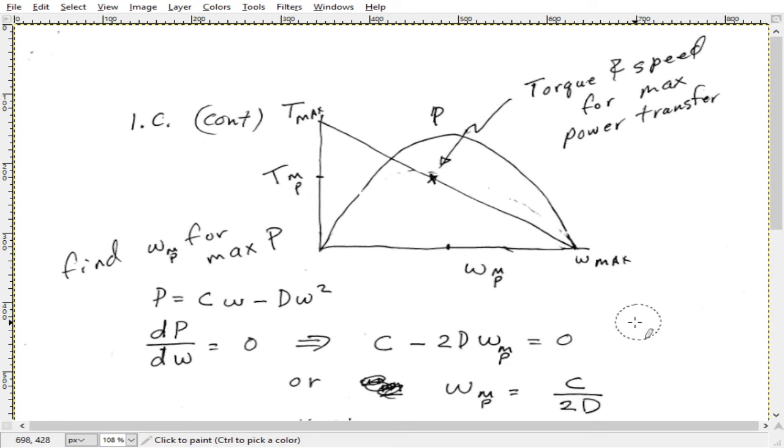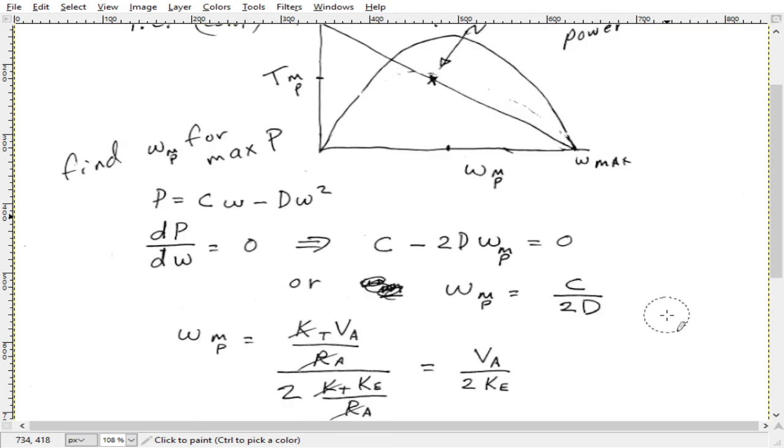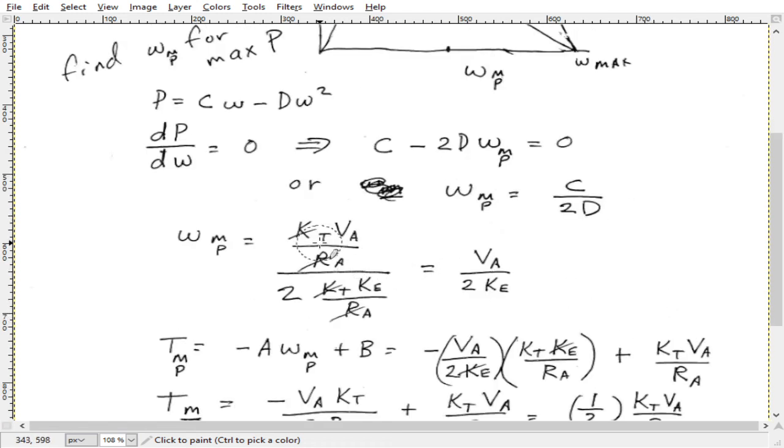If I solve for the maximum power point, what I see is that the speed at the maximum power output equals c over 2d. Now if I plug in the values for c and d from the other slide, I end up with this right here.